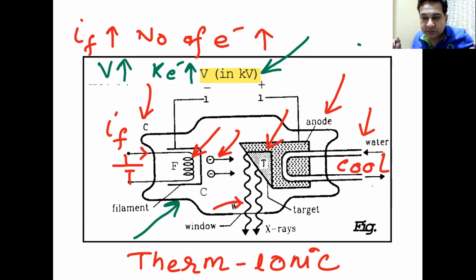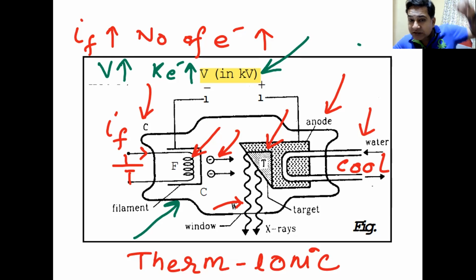Here we have the kinetic energy of electrons, which depends on the potential difference between the cathode and the anode. Do we understand this? Yes, sir.